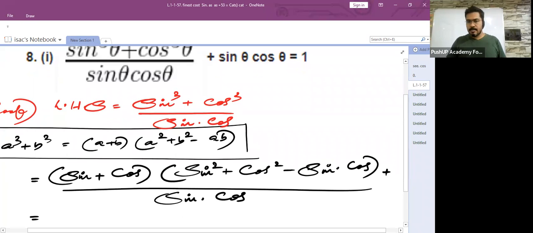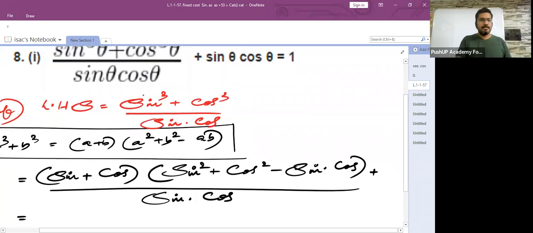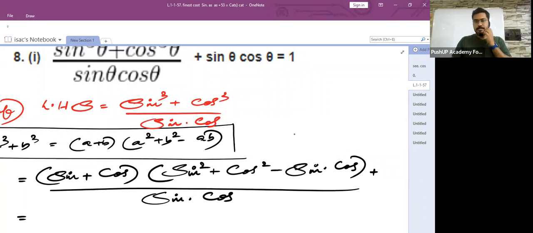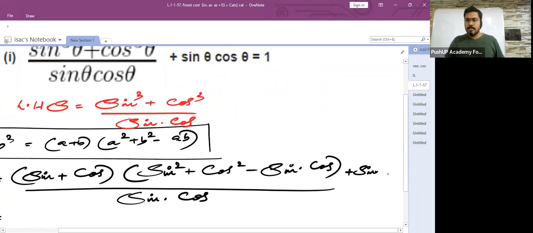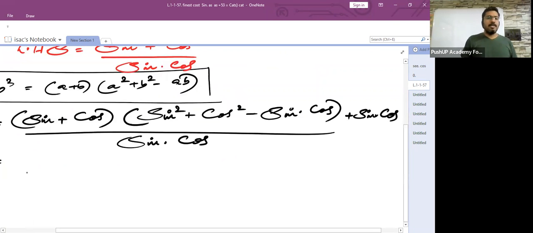Plus sine into cos, right? Only this much. Now, this is equal to... can you do anything with sine plus cos? Nothing you can do, right?